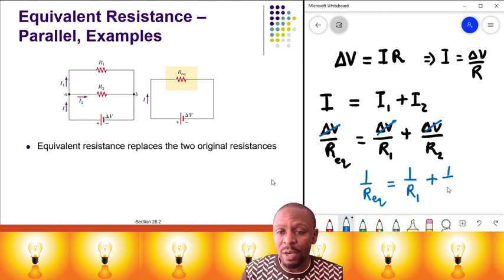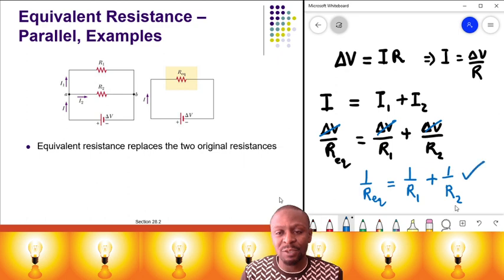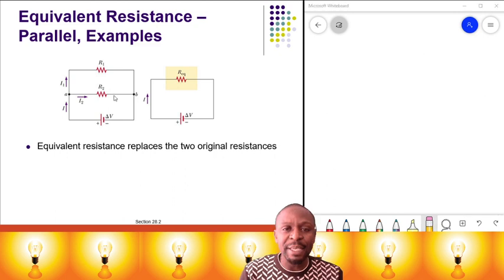The inverse of the equivalent resistance is just equal to the inverse of R1 plus the inverse of R2. So that is the combination of the resistors connected in parallel, which is the same as the capacitors connected in series. Right. And we can also replace the whole two resistors with just one single R equivalent.